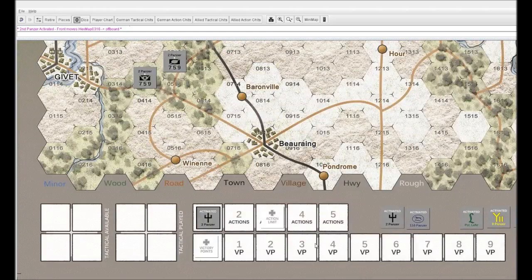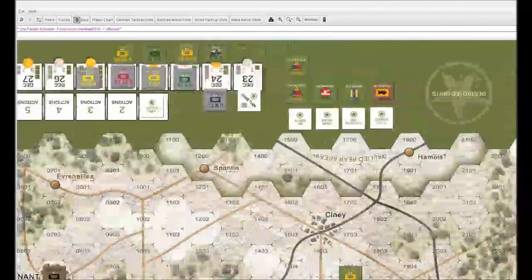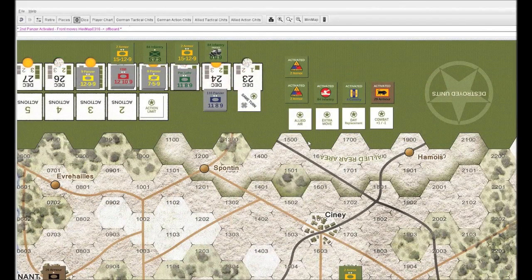And then play would move over to the Allied player, who in their pool, we'll look up here, on the 23rd, only has the 2nd Armor. So the way that works is I would place all of the Allied tactical chits into the pool, and only the 2nd Armor.